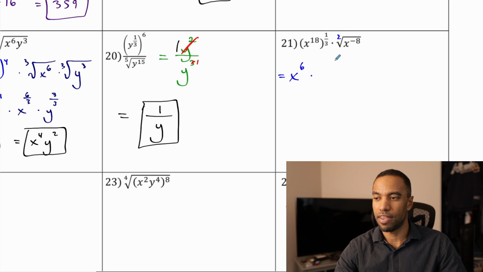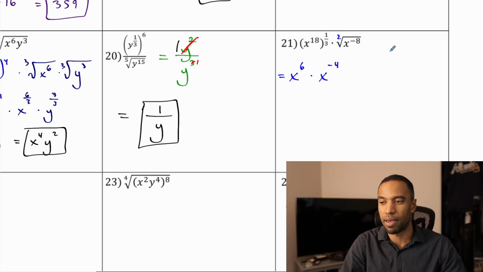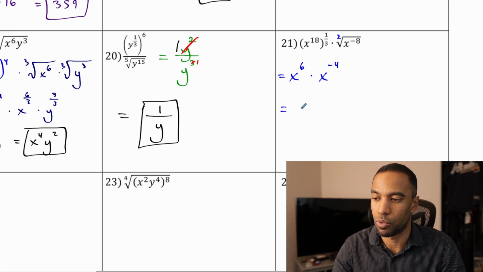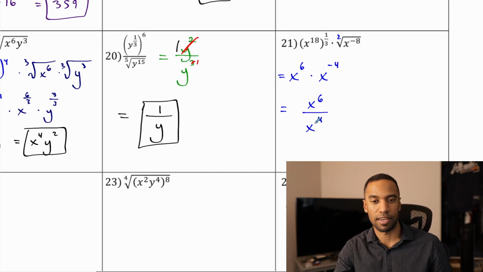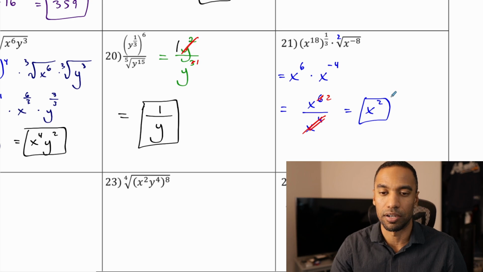You're going to be doing -8 divided by 2, and that's -4, so that becomes x to the -4th power. Now you may either add these immediately right here, or you can put it in fraction form, x to the 6th over x to the 4th, as that goes down to become a positive exponent. And now we can do what I generally do, which is remove all 4 on bottom, remove 4 from the top, and you're left with 2. Your ultimate simplification is x squared.